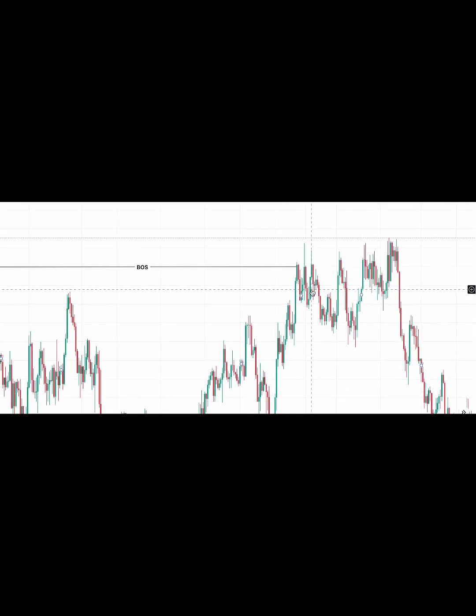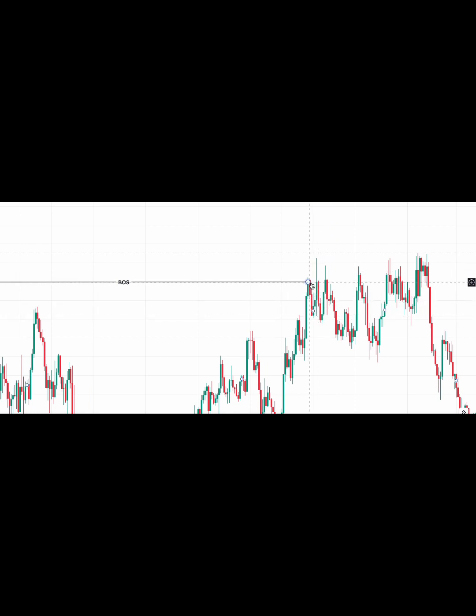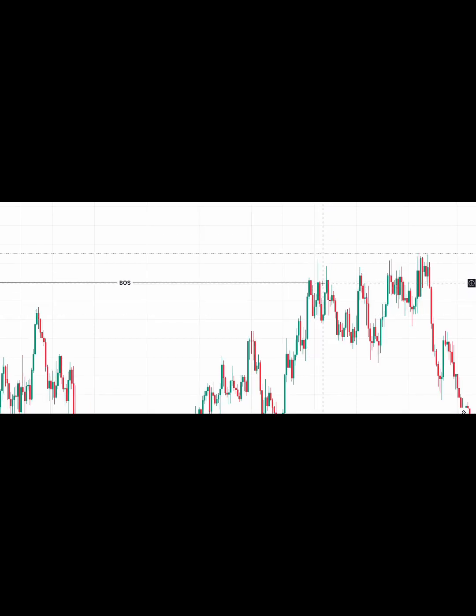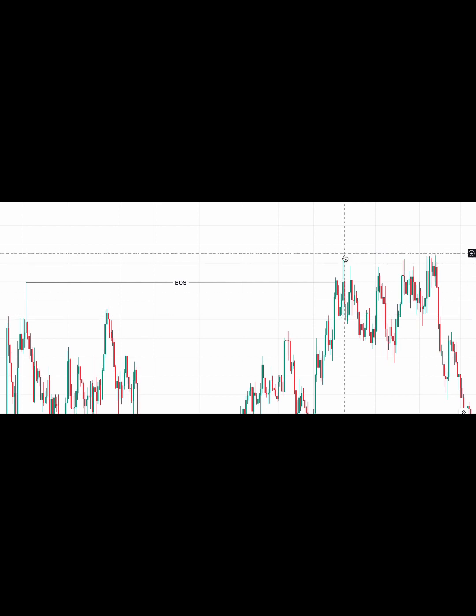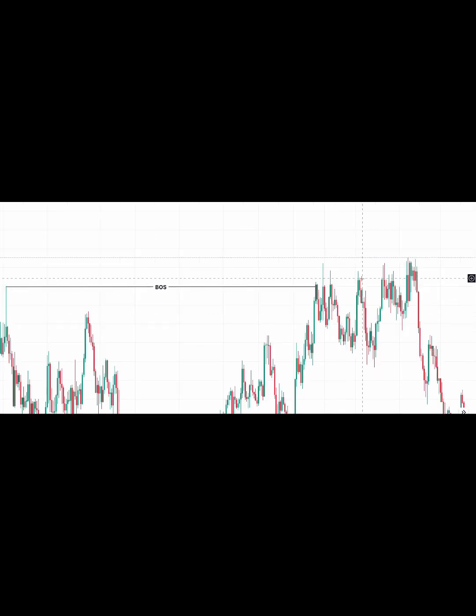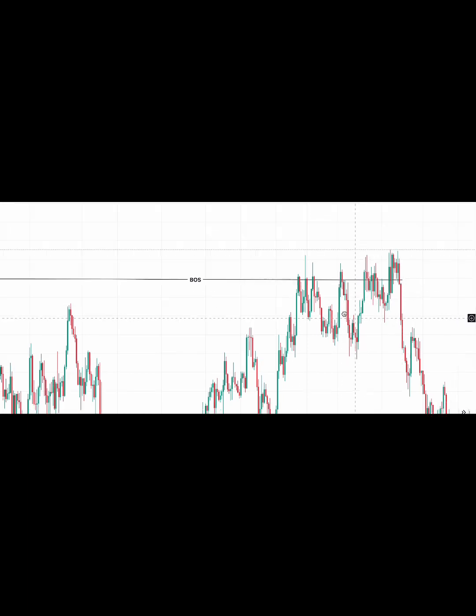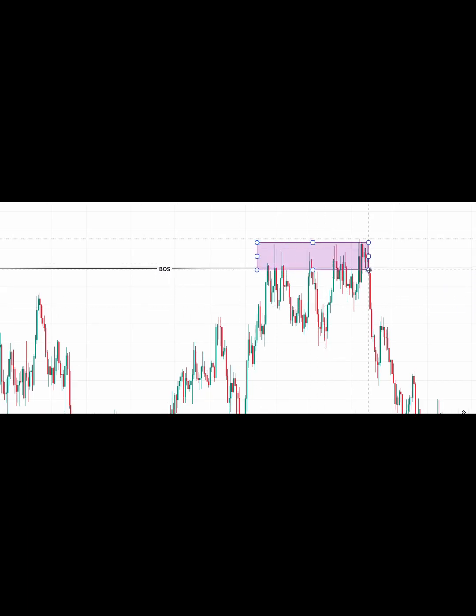But when we see this kind of scenario, for me, this is not a strong one. Because as you can see, it only closes a little bit higher than the previous high. At the end, the candles go back to the range again. Another shadow comes. Here, same as well. All these candles here are the liquidity grab.